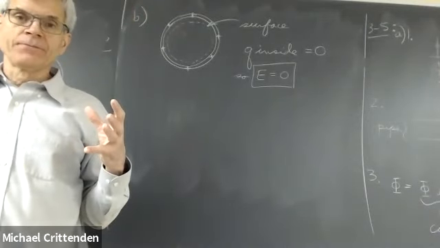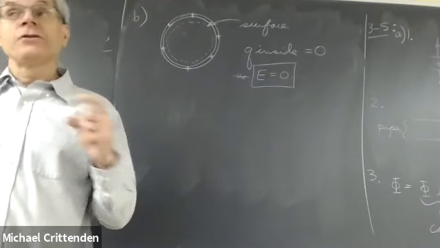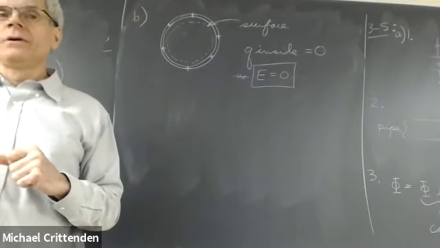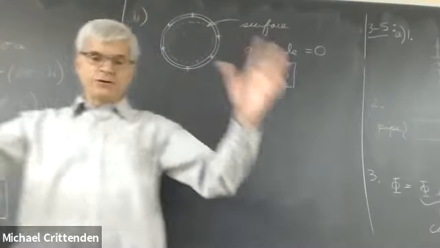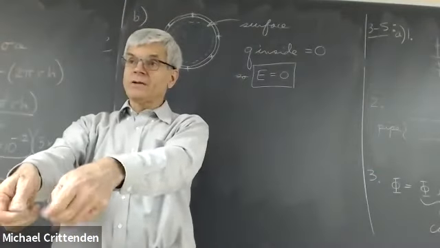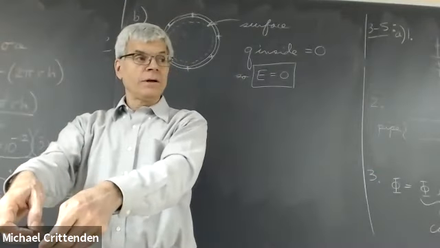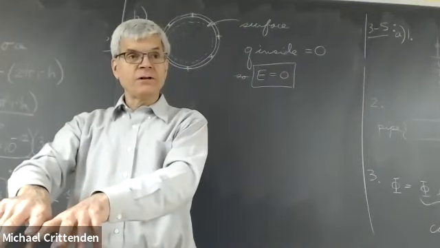In particular, a piece of metal under static conditions never has an electric field in it, because imagine you've got a conductor and you stick a couple of electrons in it, inside of it somewhere. Well, they repel each other. They want to get as far away from each other as they can.